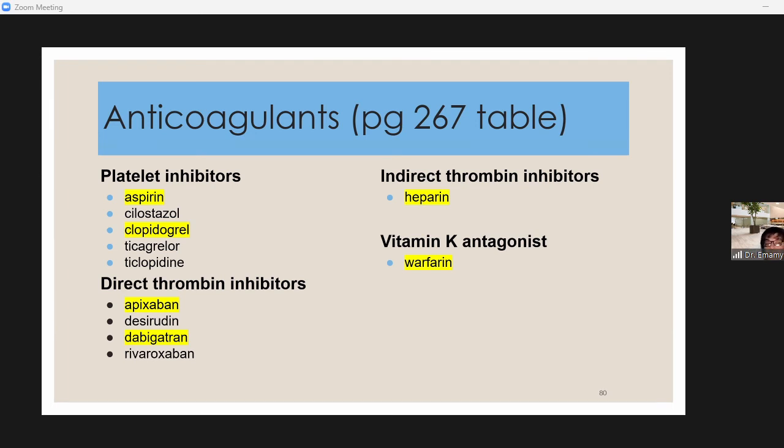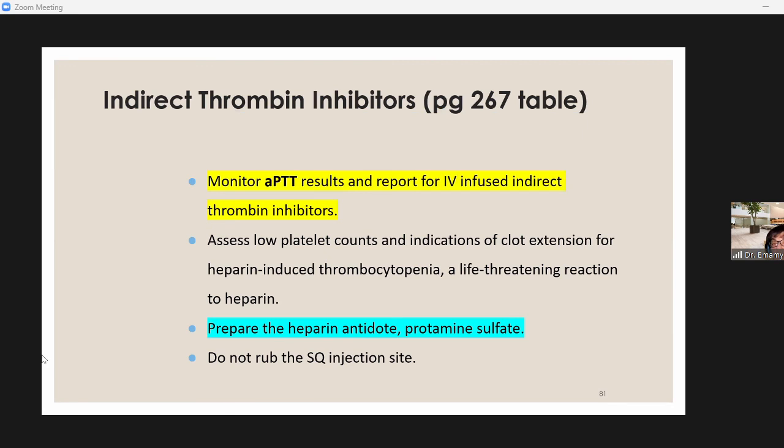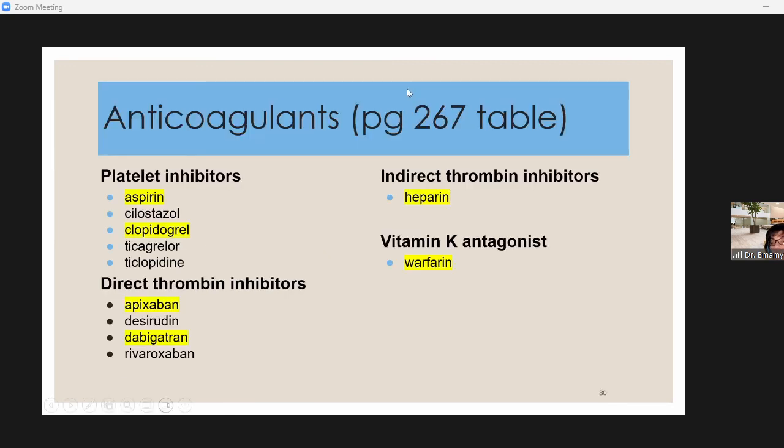You give blood thinners or anticoagulants to prevent formation of, for example, a clot inside of the brain, otherwise the patient develops a stroke. What are the dangerous side effects of all of them? Bleeding. All blood thinners, all anticoagulants may cause bleeding.